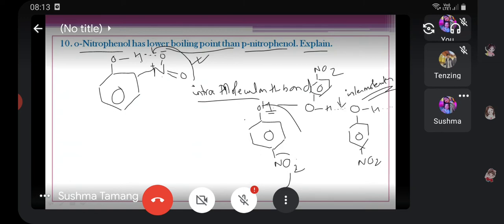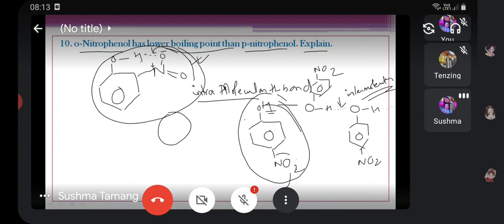So when intramolecular hydrogen bond forms, it will become like an isolated molecule. So hydrogen bond यही सक्यो हैन, यो एउटा species मात्रै हो, यो एउटा molecule मात्रै हुन्छ. Now at the para, your molecules are associated through this intermolecular hydrogen bond, and it will form a large molecule and it becomes very difficult to break bond. हैन.